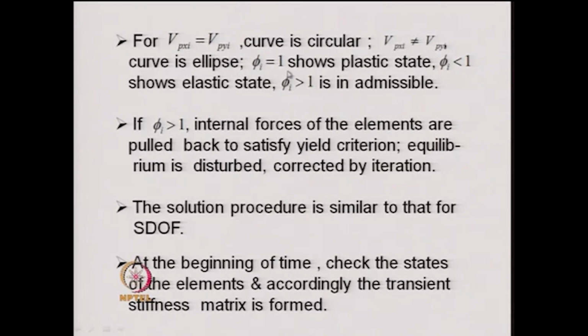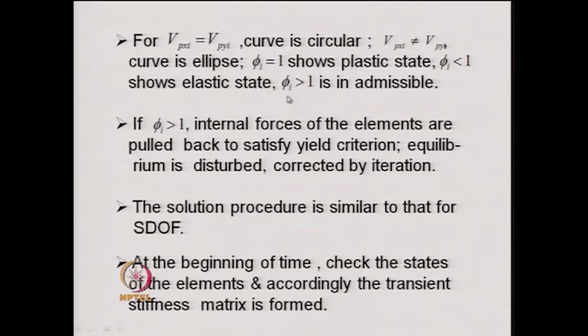Phi I equal to 1, that is when the sum of these two quantities becomes equal to 1, then we say the plastification has taken place, or that the column is in the plastic state. Phi I less than 1 shows the column is in the elastic state, and phi I greater than 1 is inadmissible.